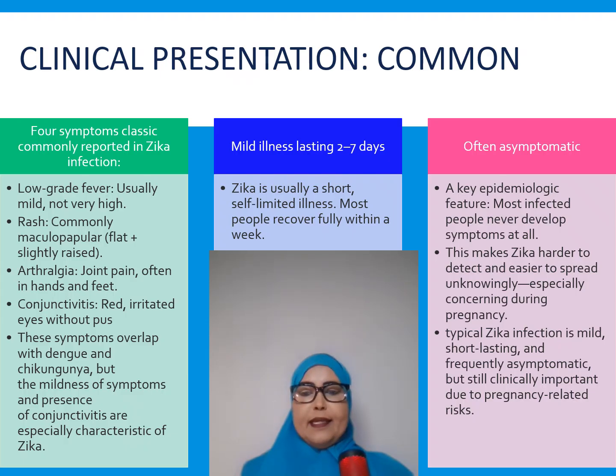Typical Zika virus infection is mild, short-lasting, and frequently asymptomatic, but is still clinically important due to the pregnancy-relevant risk. It's like a side effect. It will come later, and it will affect the generation and children, but you may not feel it.